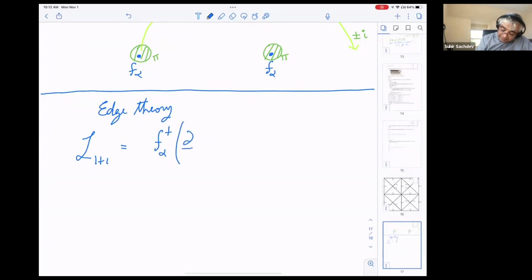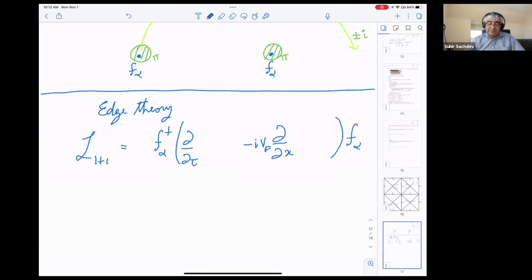And I'm going to leave a little space here, d by d tau minus i v_F d by dx times F alpha. So that's free fermions moving on the right edge. I'm just looking at the right edge of the sample.